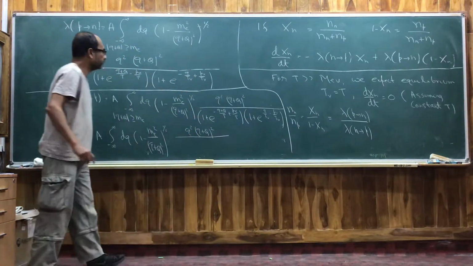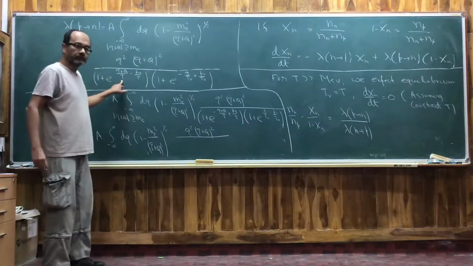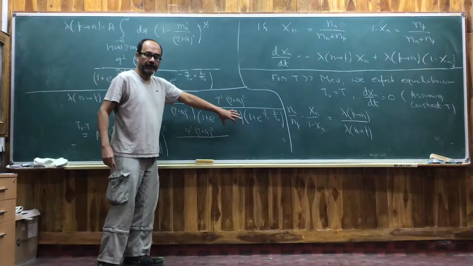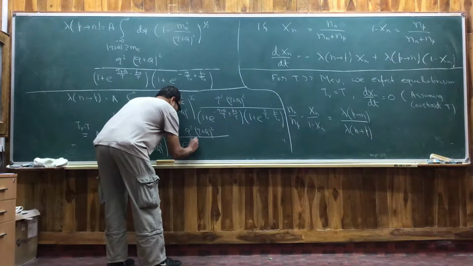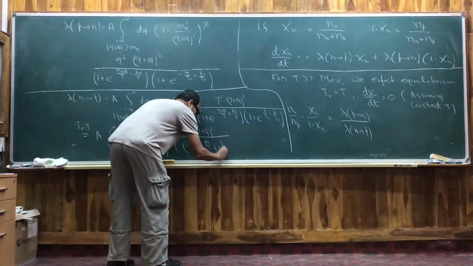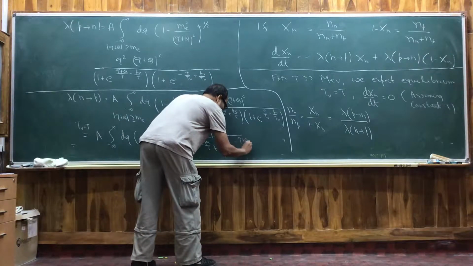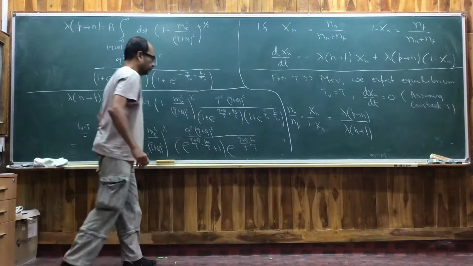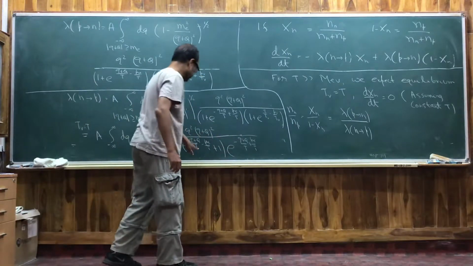So what I'm going to do now is try to make this look like this. How to do that? We just take out the common factor. So we write this as e to the power (q plus Q over T minus mu e over T) plus 1, times e to the power (minus q plus Q over T plus mu e over T). I have just taken out this factor and written it like this.